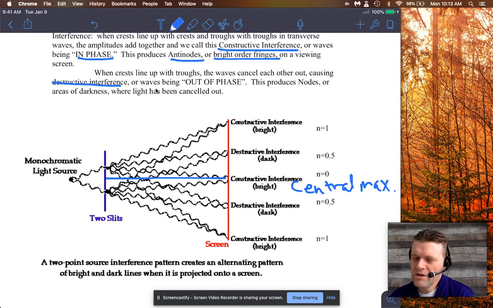So we identify these areas of brightness using the letter N. And typically we use the whole numbers. This one's also showing the halves because the whole numbers going above or below the central maximum identify the antinodes, so it's the areas of constructive interference.